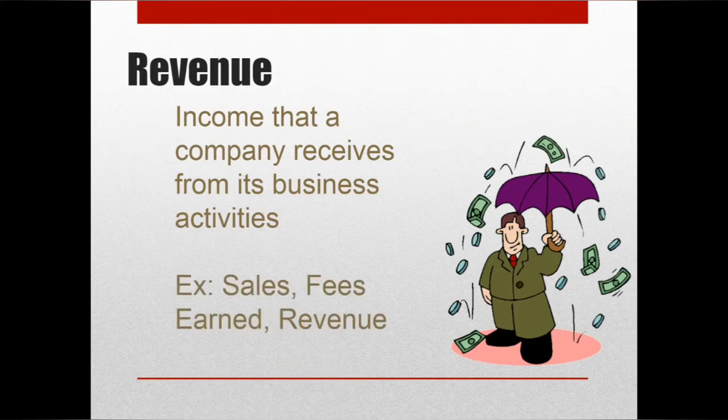Some examples of the terms you're going to see for revenues are sales. Okay, so if you're a shoe store, you're probably going to have shoe sales. Another one you might see is fees earned. A lot of service businesses are like this. So, manicure fees earned, hair cutting fees earned, or the word revenue itself.